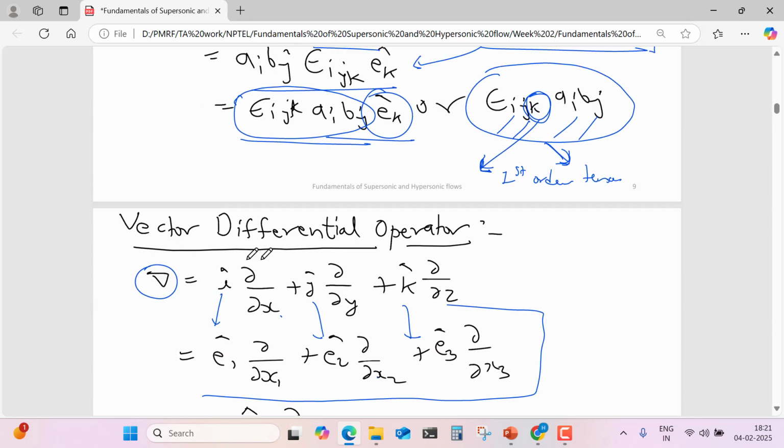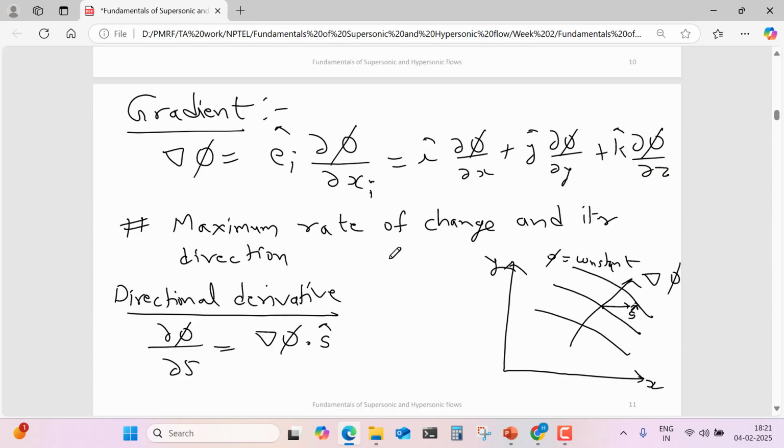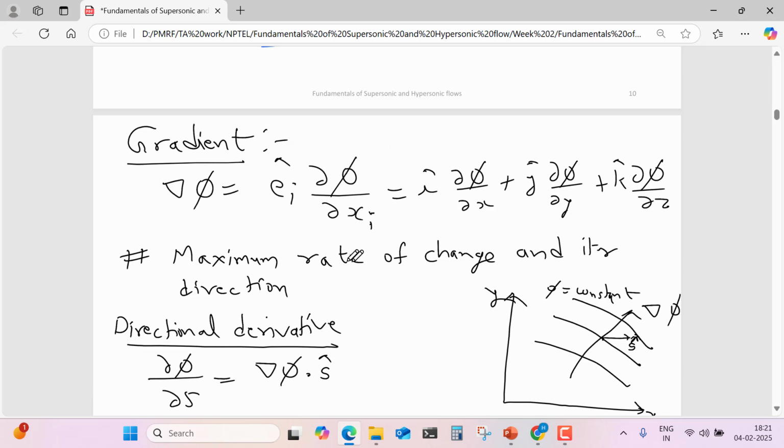So using this operator, there are some vector quantities which are defined. One is the gradient. It is done on a scalar field. So if there is some scalar field phi, we can find its gradient using the del operator.